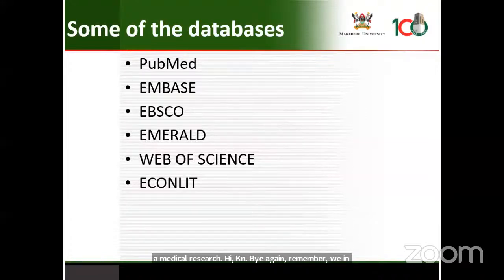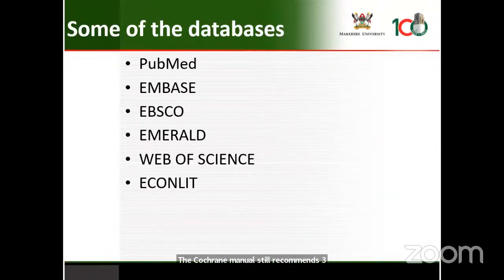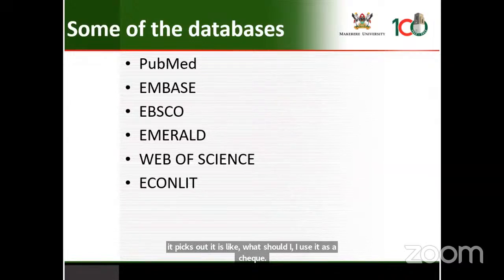The Cochrane manual still recommends 3 or more databases for a systematic review. So don't search one and then add Google Scholar. I don't count Google Scholar, I usually search it as a check to bring out what I may have missed in the studies.